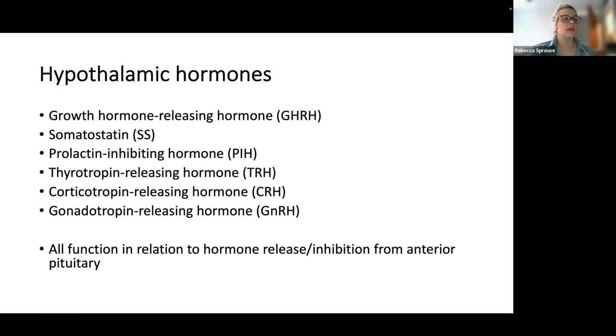But essentially, some hormones that the hypothalamus will release include growth hormone releasing hormone, or GHRH, and I gave the abbreviation in here as well for all of these. Somatostatin, prolactin inhibiting hormone, thyrotropin releasing hormone, corticotropin releasing hormone, gonadotropin releasing hormone.